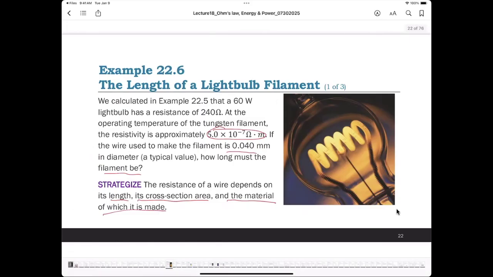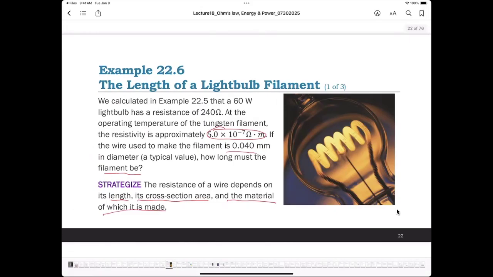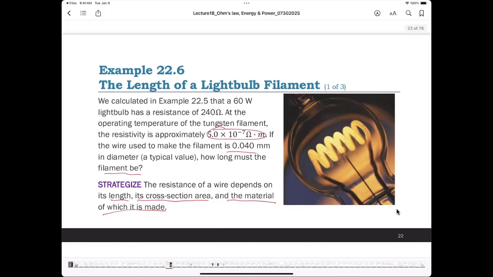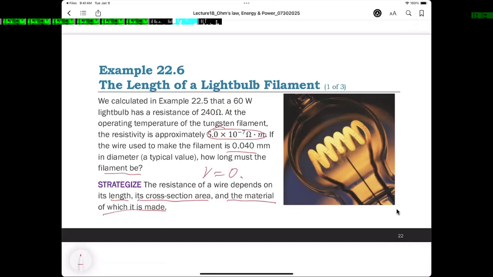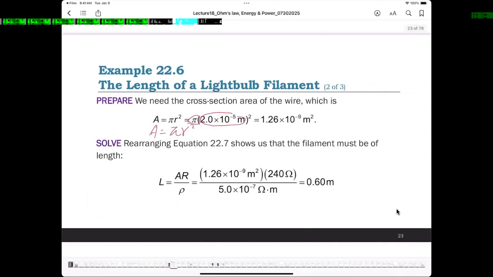Here, the diameter is 0.04, which means the r, half of that, is equal to 0.02. That makes sense to you? Then the final result for the area is this one.